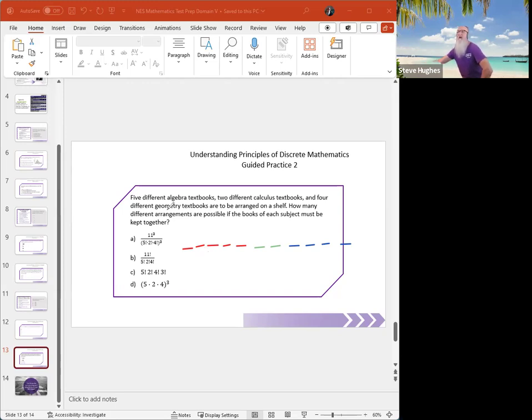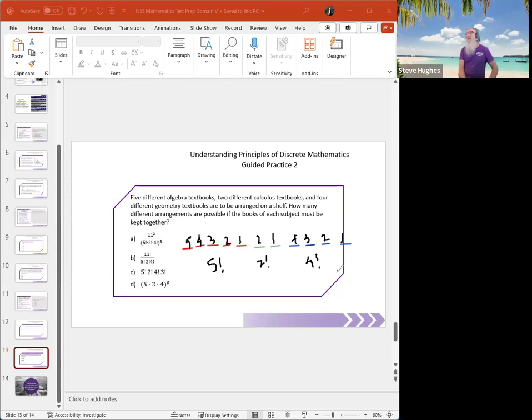I have 5 different algebra books, so I could start out with 5. Then I would have 4, then 3, then 2, then 1, which is 5 factorial. For the calculus books, I have 2 and then 1, which is 2 factorial. For the geometry books, I have 4 times 3 times 2 times 1, which is 4 factorial.